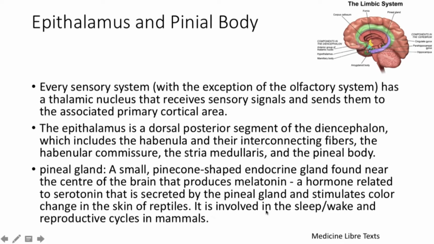In mammals, the same gland is involved in the sleep-wake and reproductive cycles. The pineal gland has a very important role to play. So it is in the epithalamus system that this pineal gland comes into the picture.